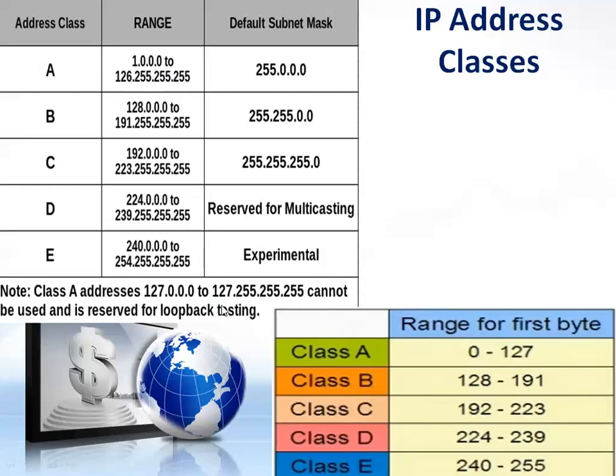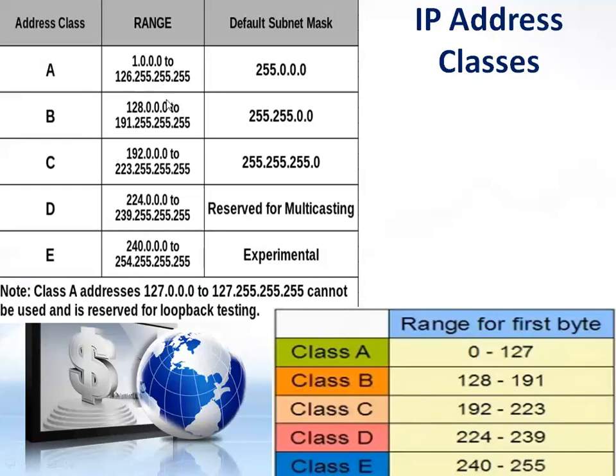It is sometimes used for network testing, loopback testing, and checking the connection. Here 255 indicates the maximum value, so from 0 to 255 networks and hosts you can make in this class.